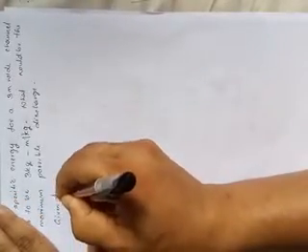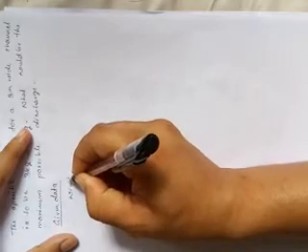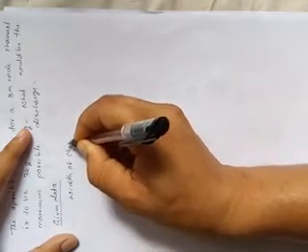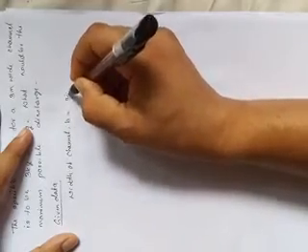The given data: width of channel. Just read the question. The width of channel B is equal to 3 meter, right?